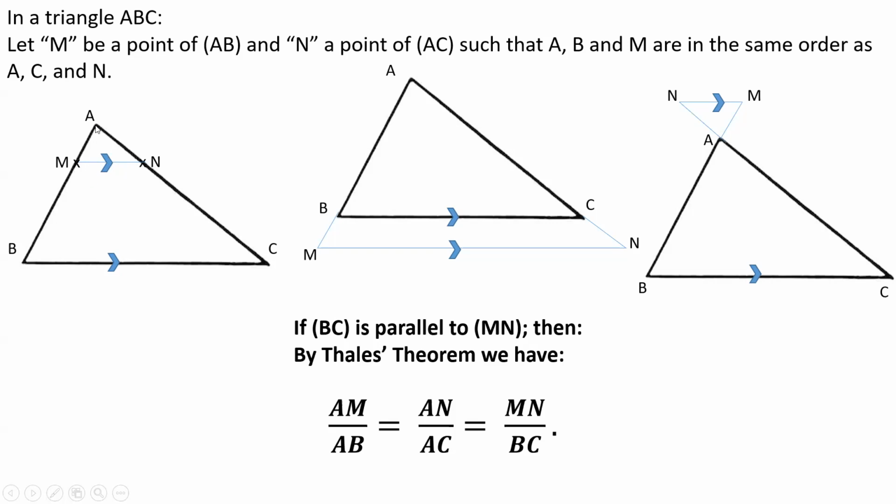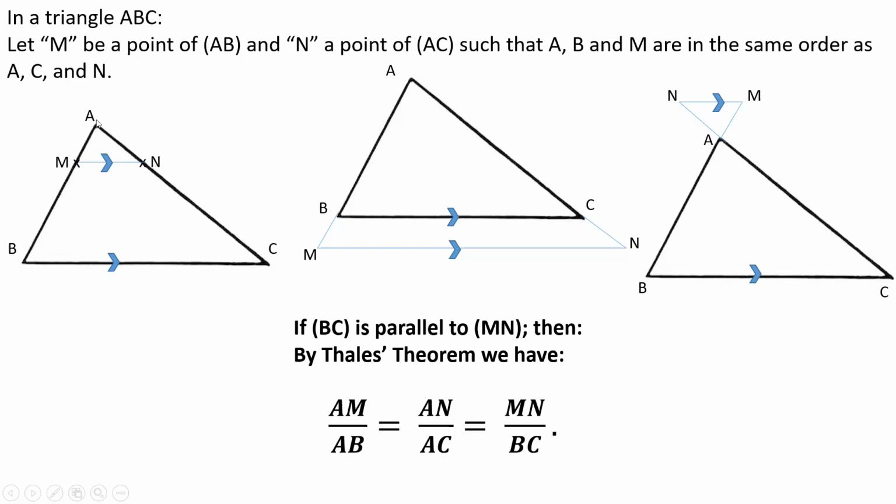So always to start applying Thales theorem, I should ask about the vertex opposite to the two parallel lines. It's A. So I start writing ratios: AM over AB is equal to AN over AC is equal to MN over BC.